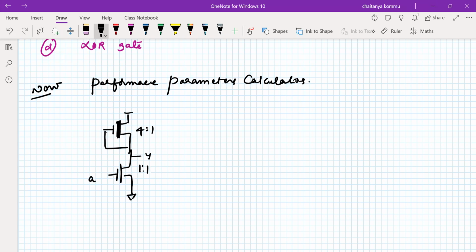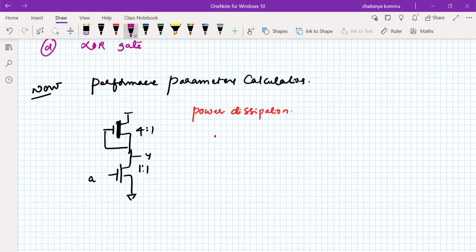If I ask you to calculate the power dissipated by this particular inverter, what is the power dissipation formula?